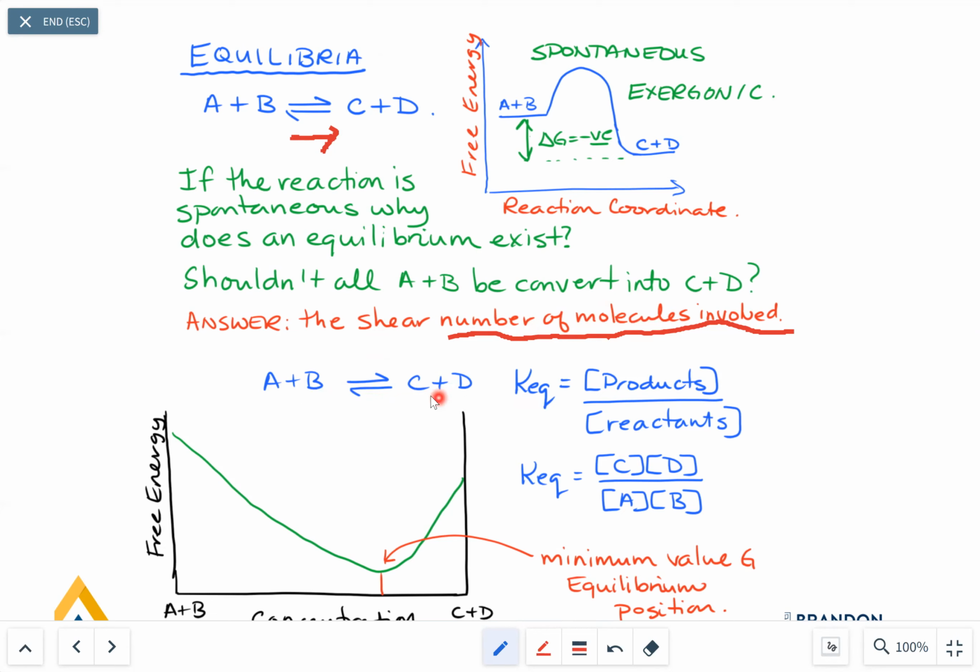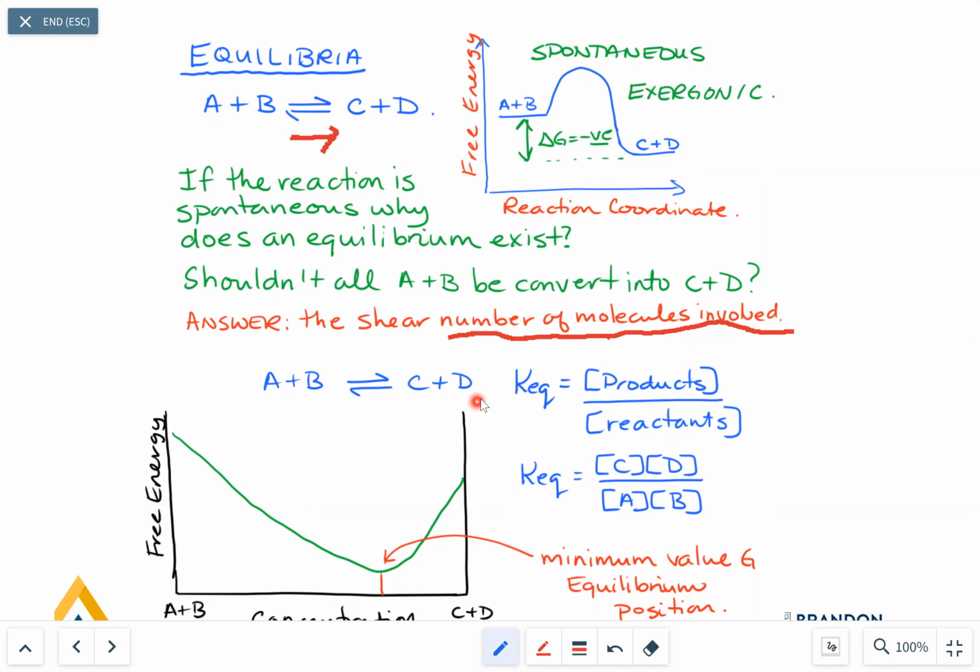So in an equilibrium process, we basically have the equilibrium constant. We did this when we were doing acid-base reactions, we would call that the acid constant. The products are on top, the reactants are on the bottom.